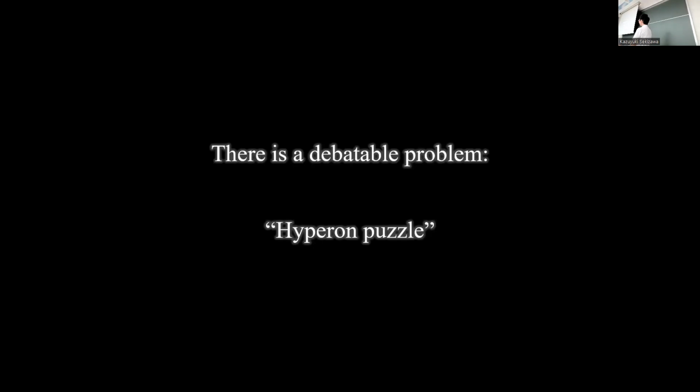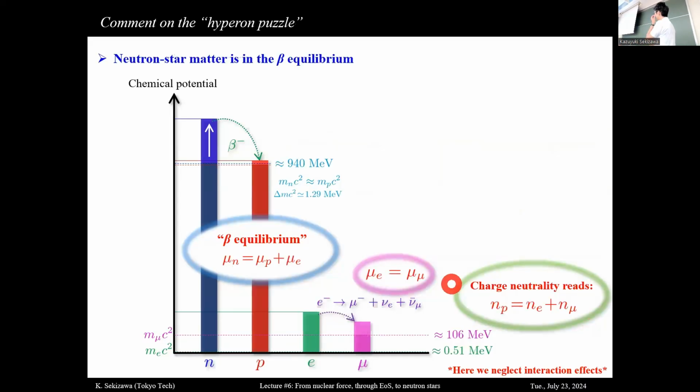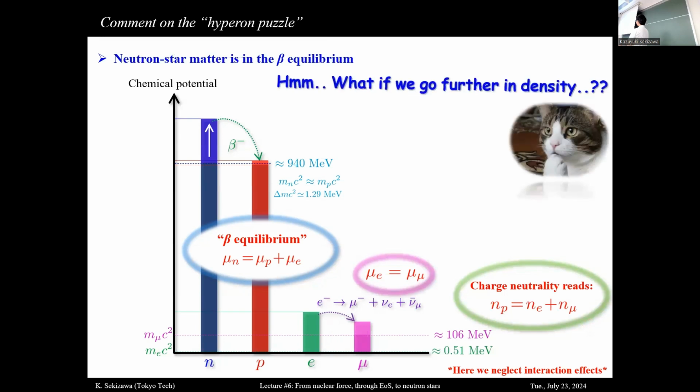Now, here is a debatable unsolved problem, the so-called hyperon puzzle. Let me introduce this. The situation changes again if we go higher in density. So you may consider what happens in the higher density region. Then the chemical potentials or Fermi energies of neutrons and protons increase more and more.